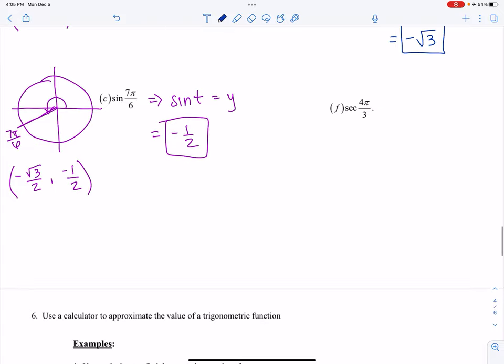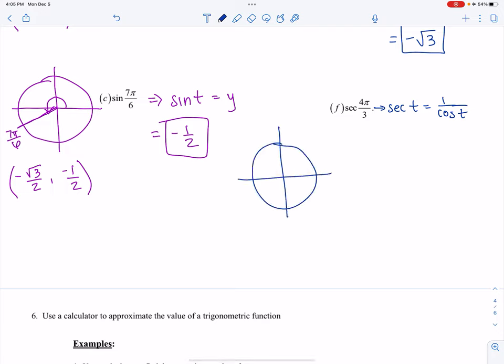And our last one, secant of 4 pi over 3. What do we know of secant? We know that secant is 1 over cosine. So if we find 4 pi over 3 on our unit circle, you should be about here. So we went around the circle and ended right there.